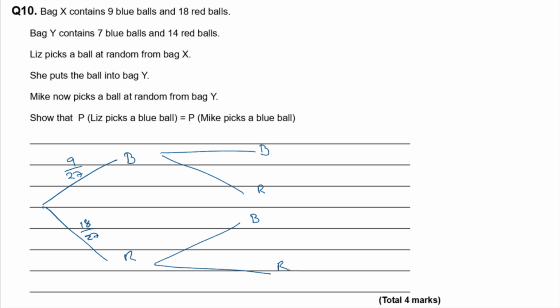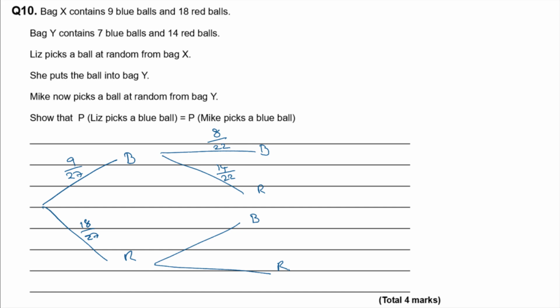There were 7 blue balls and 14 red balls in there to start with, and if I plop the blue extra ball in, then I've got 8 blue balls and 14 red balls. So that's going to be 8 blue out of a total of 8 plus 14, which is 22. So there's 8 in 22 chance of getting a blue ball. And then the red, well, there were 14 in there to start with. There's still 14, so it's 14 out of 22.